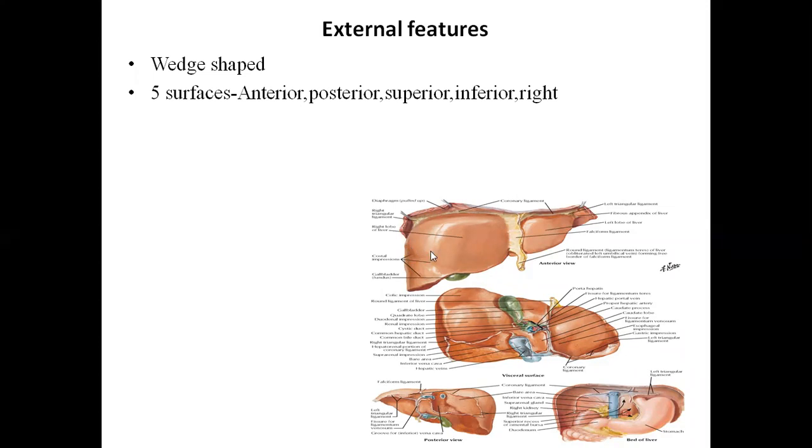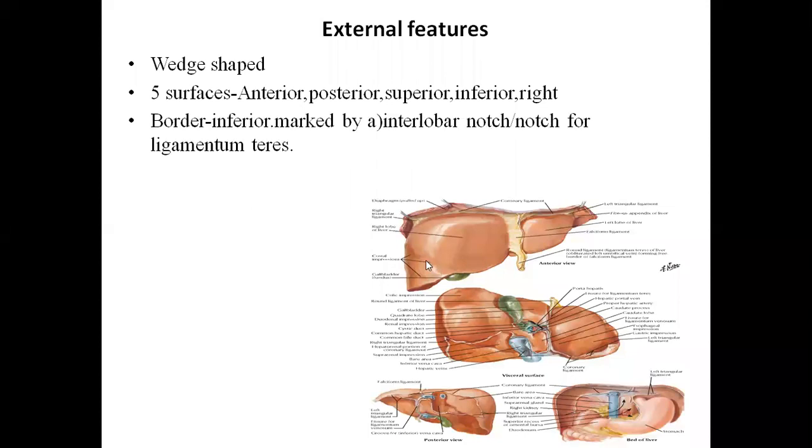We can see that most of the surfaces are continuous with each other. A border, a single border here, that is called inferior border. Inferior border can be seen, which is marked by interlobar notch. Interlobar notch is a notch, a depression in the inferior border, which is separating the 2 lobes.